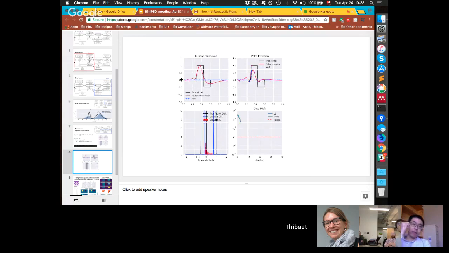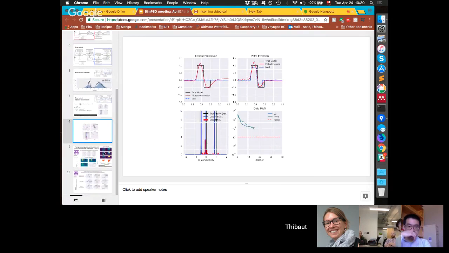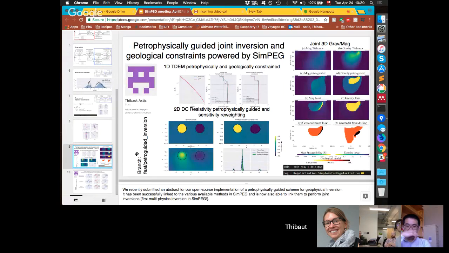So that's a linear example. That's very easy to see what's happening, and that's what's happening under the hood. Now, I am able to fit it to different things in SimPEG.